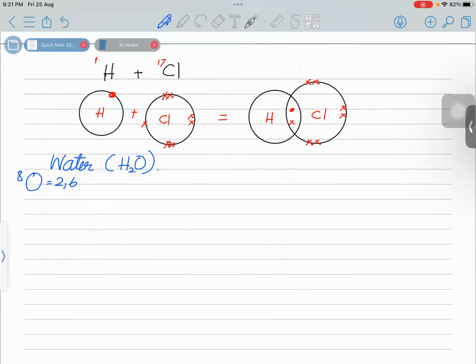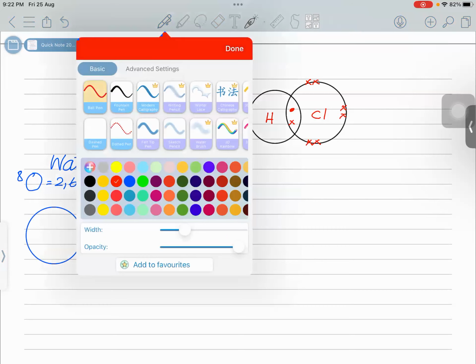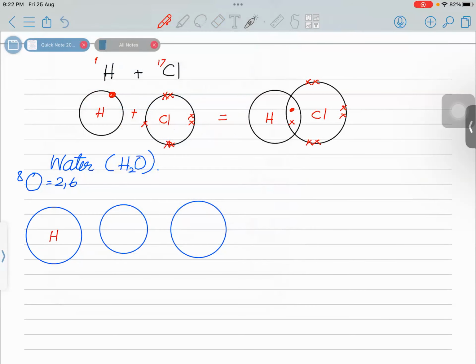So we need 2 hydrogen atoms and 1 oxygen, right? So this is oxygen number 1, this is hydrogen number 1, and this is hydrogen number 2. So hydrogen has only 1 electron, and oxygen has 6 electrons: 1, 2, 3, 4, 5, 6.